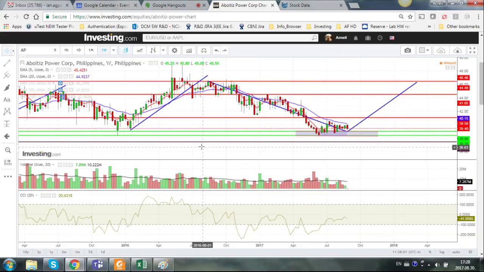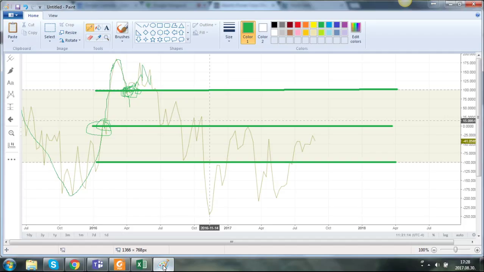Yeah? Ano yung tanong mo? Mag-buy. Okay, so tingnan mo ito. Klaro naman dito na bababa ulit siya. Yung buy mo is pag bumalik siya sa 0. Ito hindi pa bumalik. Yan. Buy ka ulit at this point.